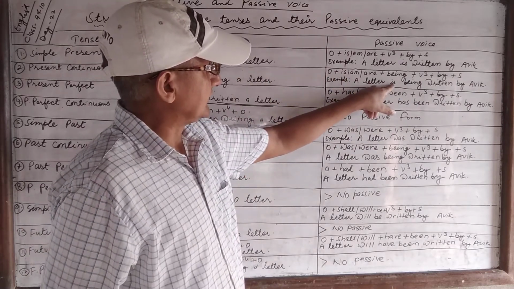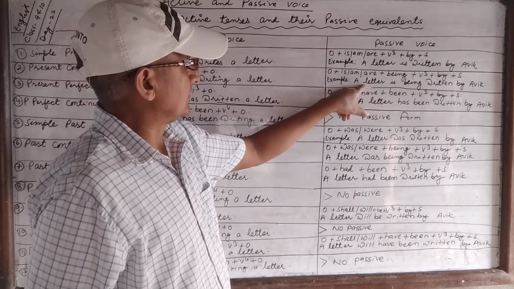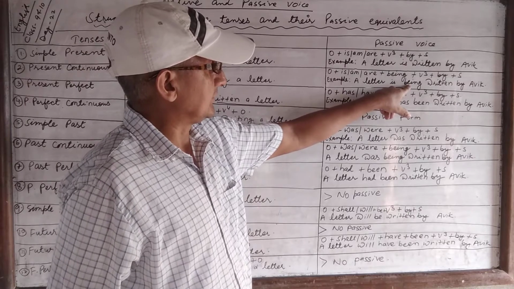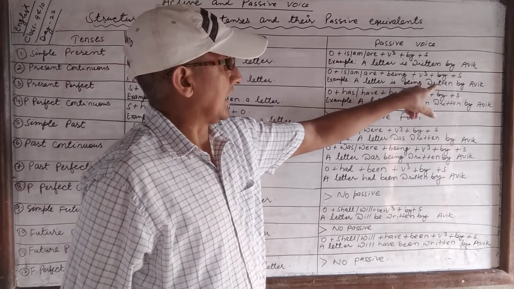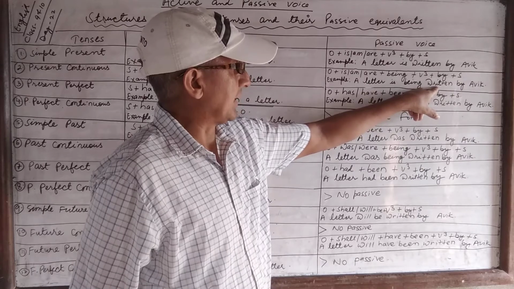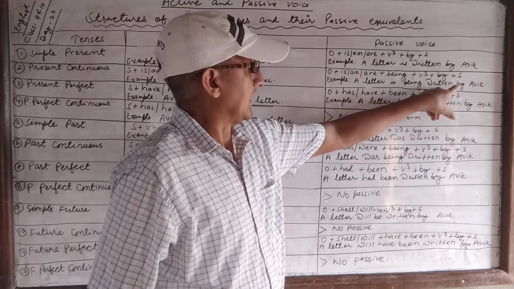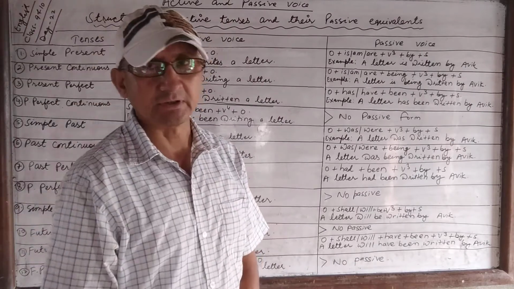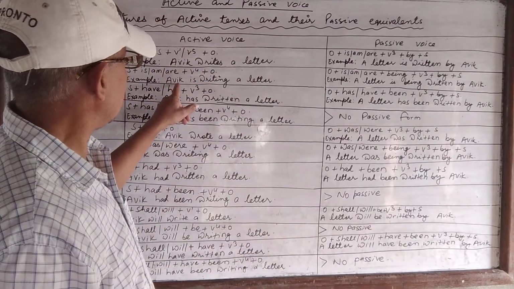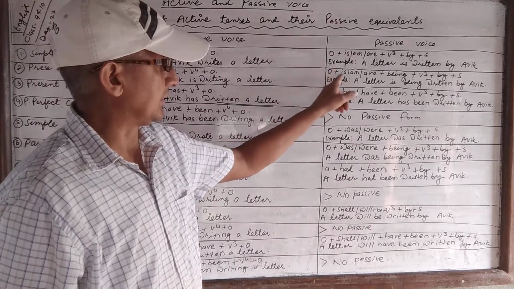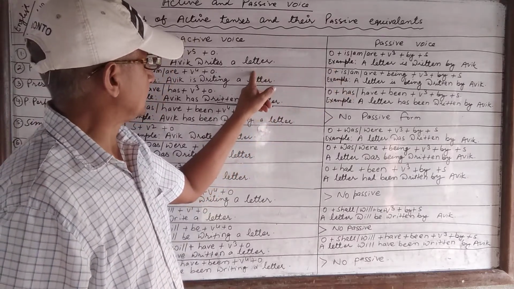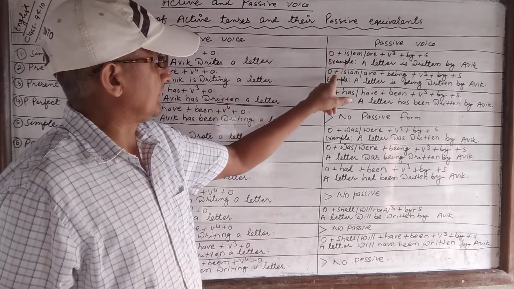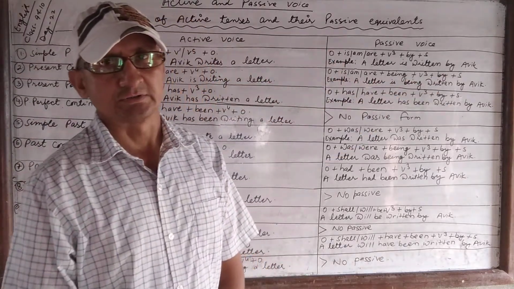We have used is with singular subject, and being in continuous tense, and the third form of the verb, the past participle form of the verb, and then by and subject Avik, the subject of the active voice. In this way, we change active voice of present continuous tense into passive using this structure.